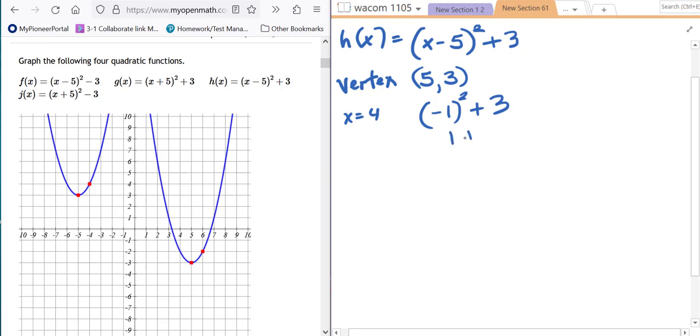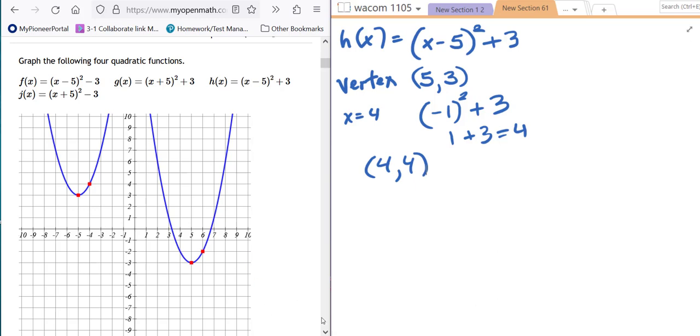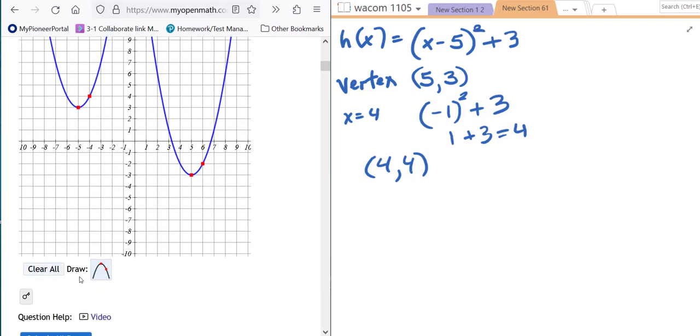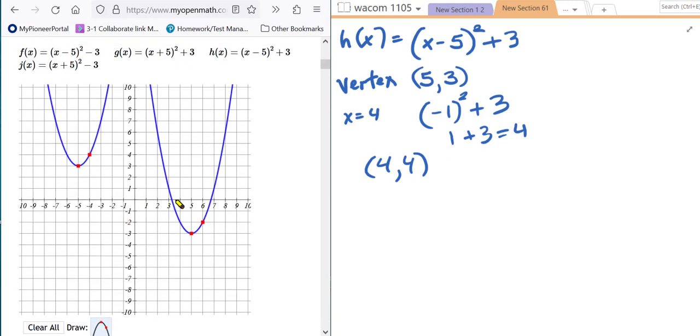So this would be 1 plus 3 is 4. So 4, 4 is going to be a random point on this. So we're going to have 5, 3 for the vertex. So 5, 3, click, and then 4, 4.